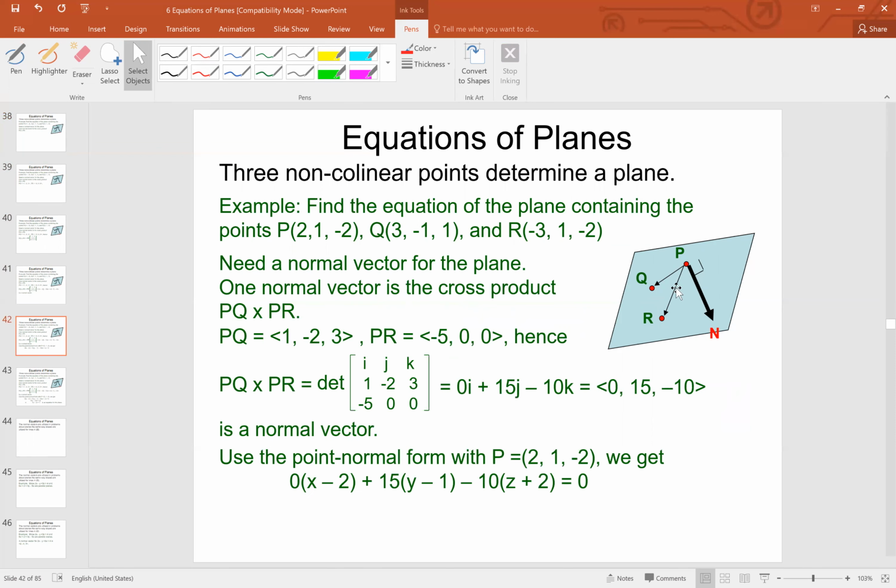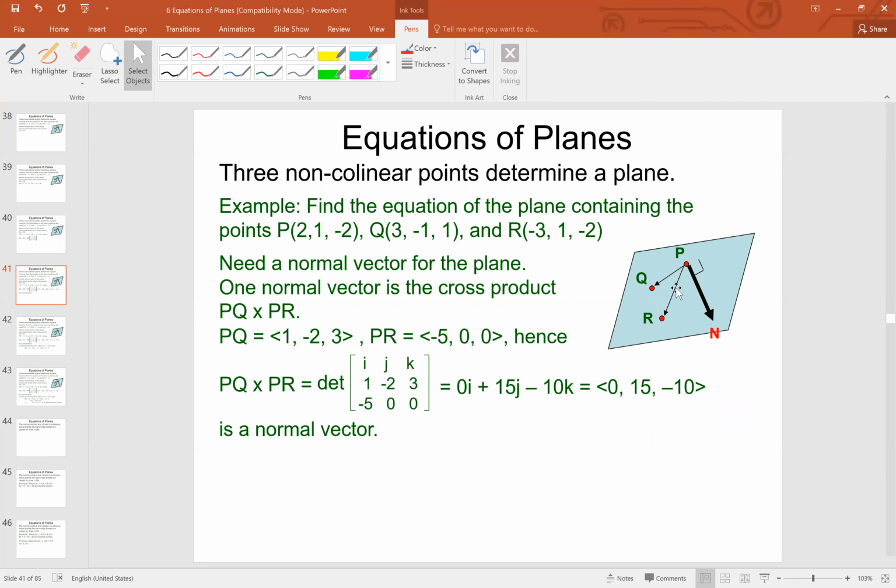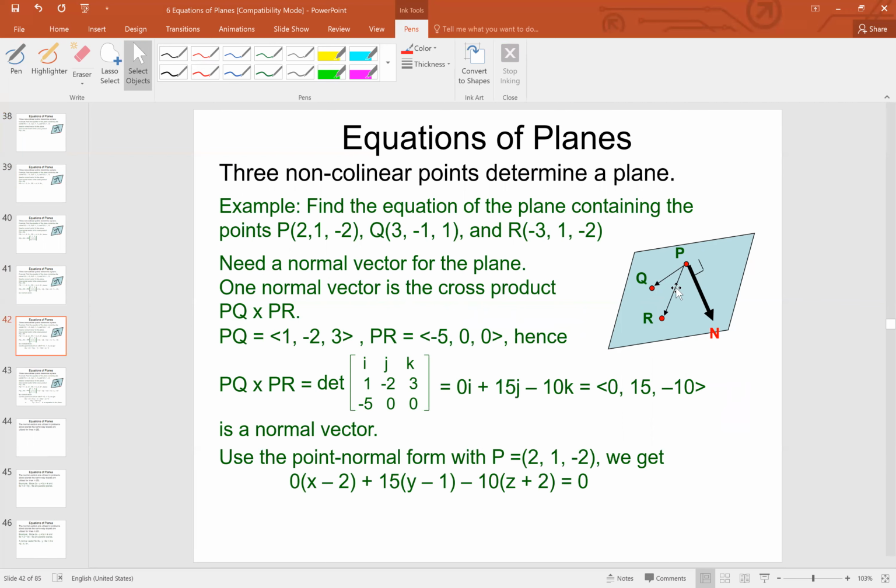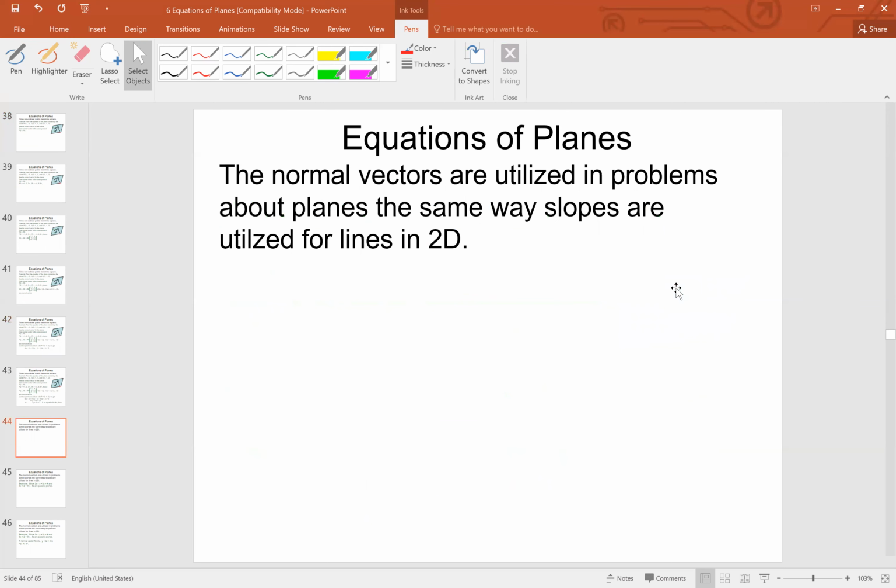Hence you take the cross product, and that's a normal. And once you have a normal, you use any one of the points, and you use the point normal form to get the equation. That's how we find the equation of the plane containing 3 points.